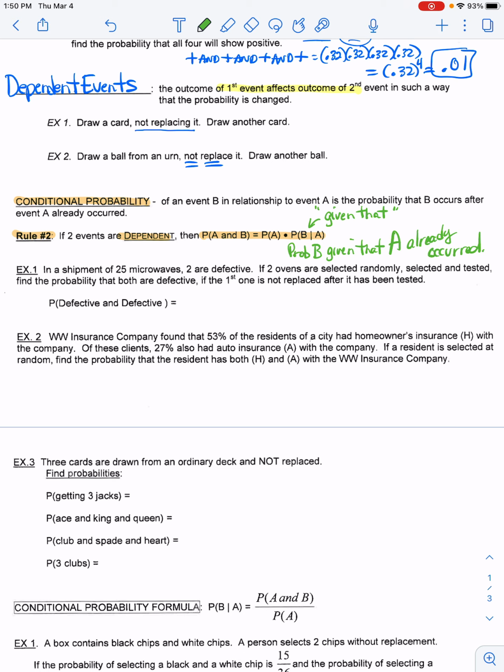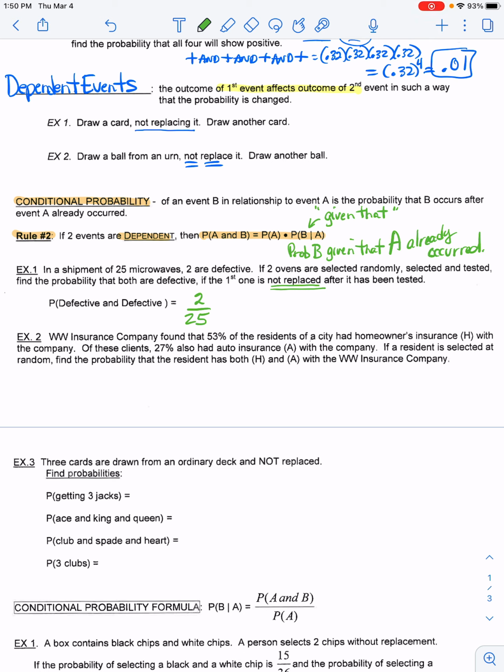Okay, so example. In a shipment of 25 microwaves, 2 are defective. If 2 ovens are selected at random and tested, find the probability that both are defective if the first one is not replaced after it has been tested. The chance the first microwave is defective is 2 out of 25.